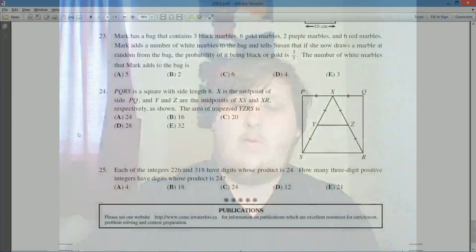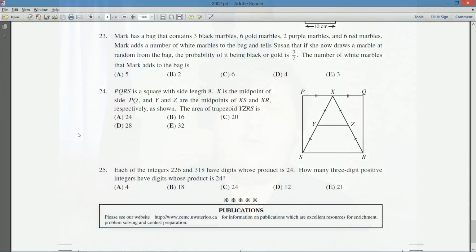So question 23, what does that say? Hopefully you've had a look at it, but we can look at it right now. Mark has a bag that contains 3 black marbles, 6 gold marbles, 2 purple marbles, and 6 red marbles. A lot of different colored marbles.